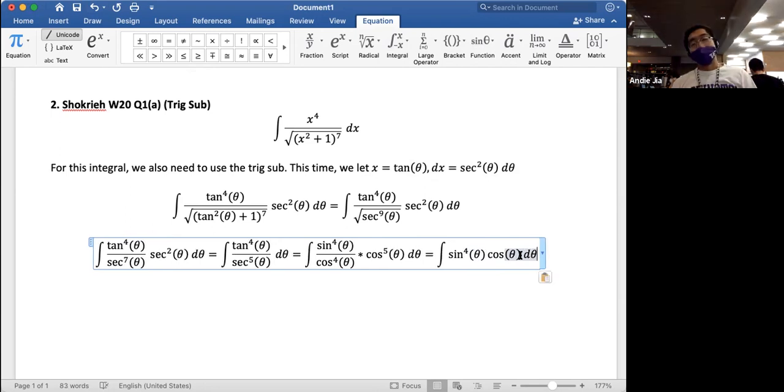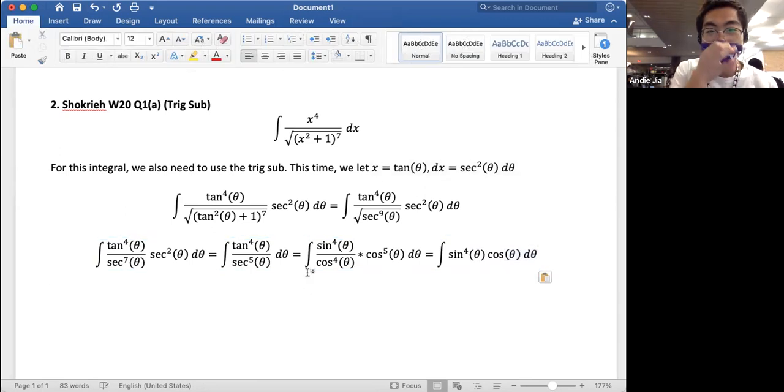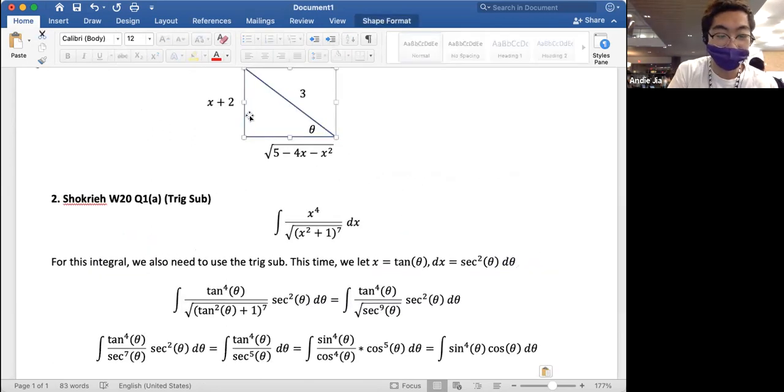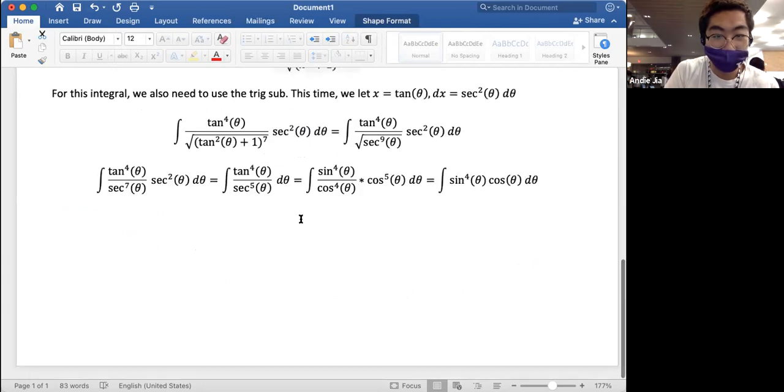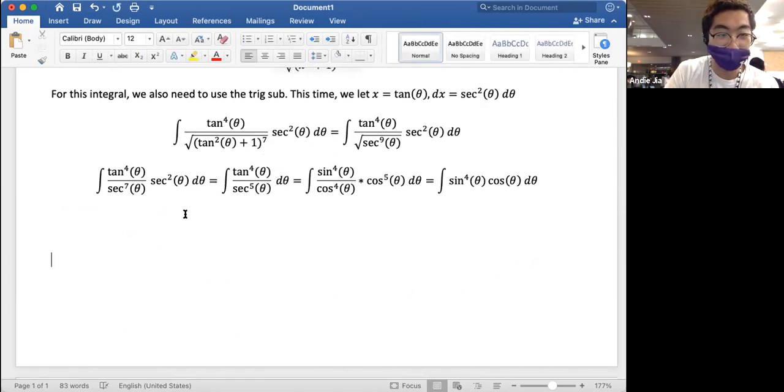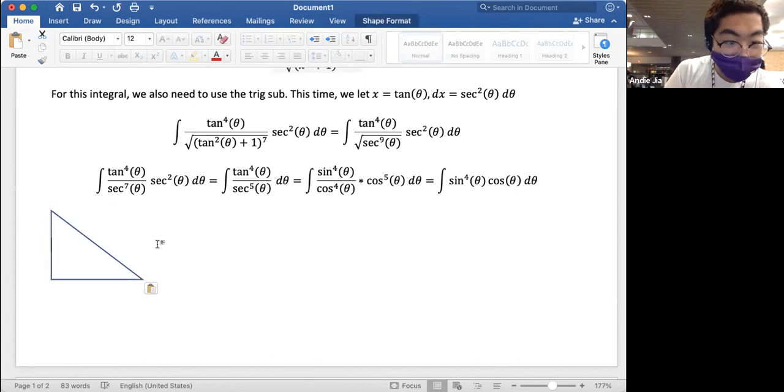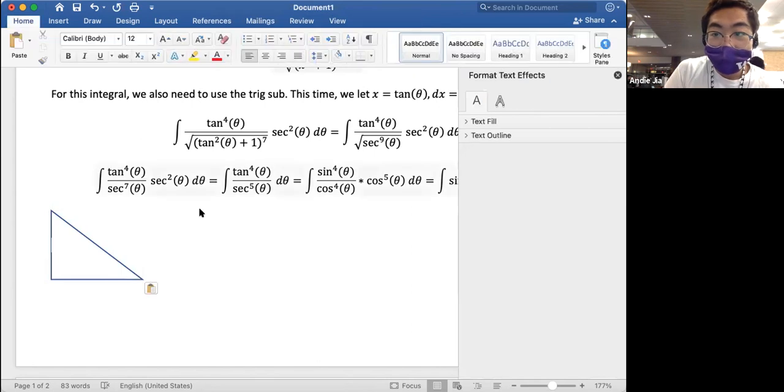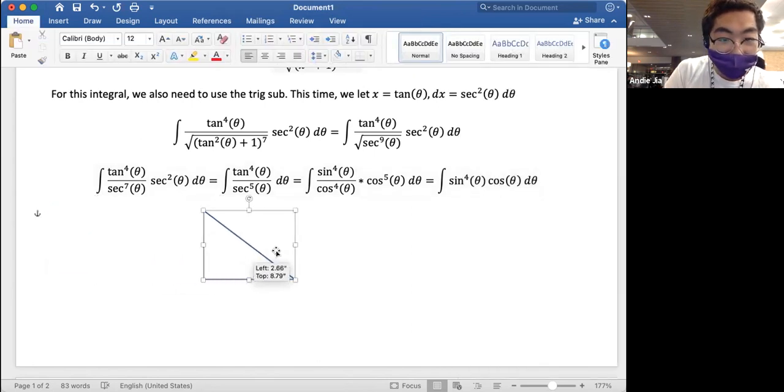But this is a definite integral, so we need to rewrite the tangent of x. Always treat the tangent as x over 1. This is x. We just use this triangle here again.